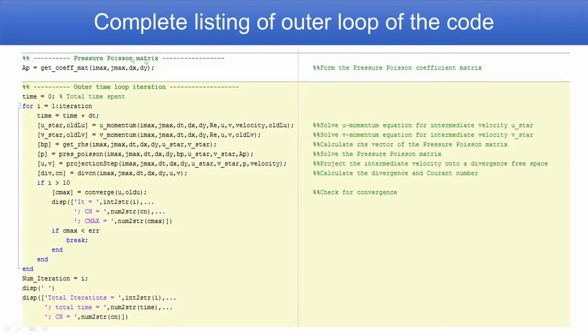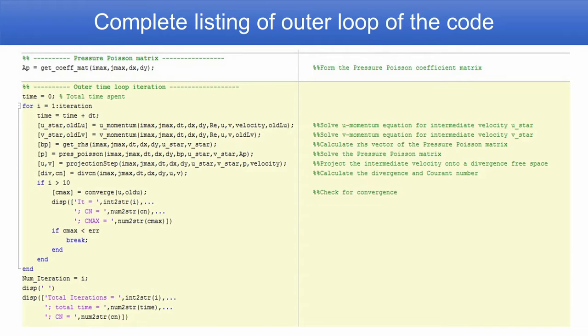And what is shown here is a complete listing of the outer loop code. So, you start from here, with the pressure Poisson coefficient matrix. So, AP equals get coefficient matrix i max comma j max comma dx comma dy, then the outer loop iteration. Time is equal to 0, which is where you start the iteration by initializing time.